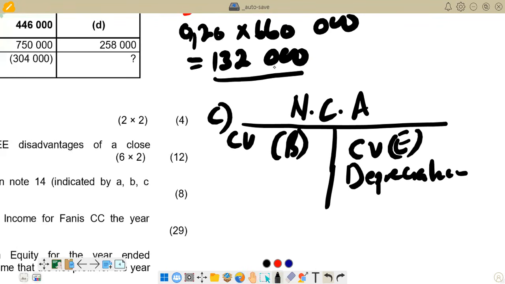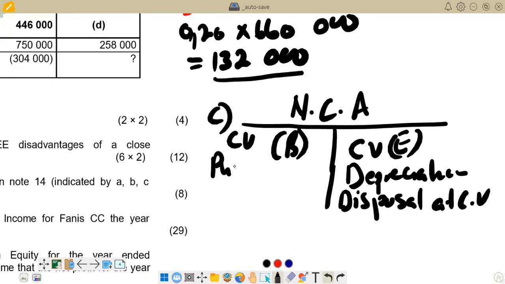This is the figure that we calculated, 132,000, and then also we have the disposal at carrying value coming on the credit side, and any purchase will come on the debit. Obviously, this purchase will be in the form of cost, of the cost price.